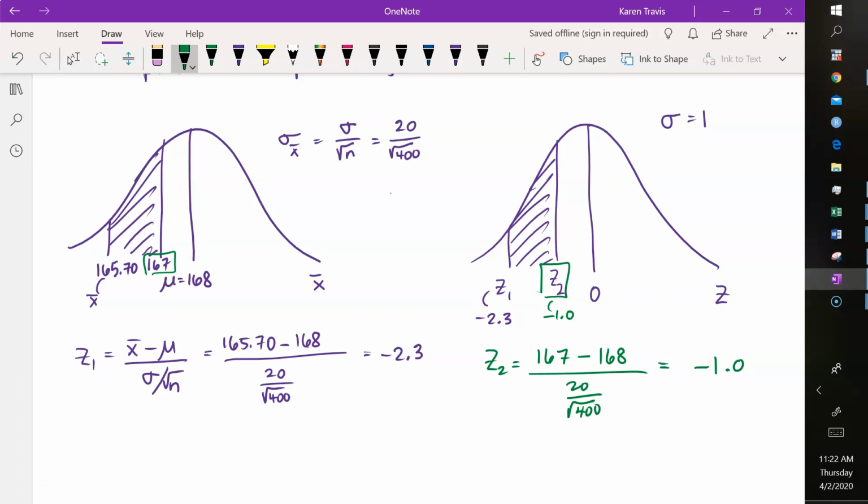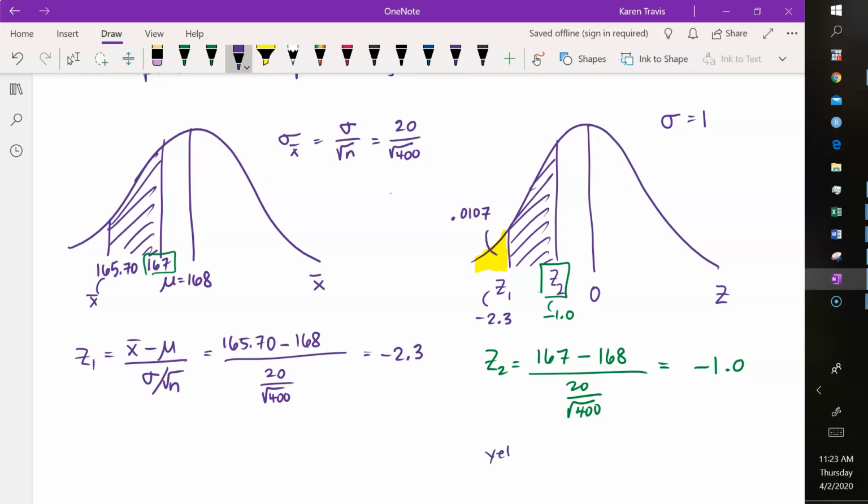So when I first look up a -2.3, that will tell me the size of my left tail right there. And the size of that left tail is 0.0107.